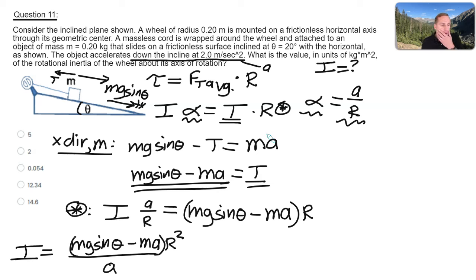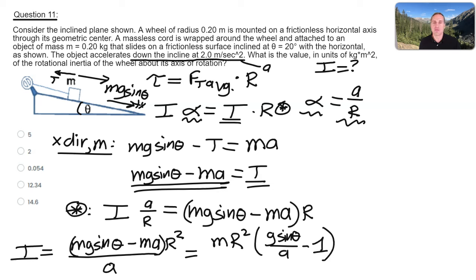Now notice also that the mass m is common to both of these, so we could clean this up a little bit by factoring out a mass m, and then I could even split this fraction up by going g sine theta over a, and then I factored out the m, but then a over a is just 1. This is just minus 1. So that's a little bit easier to plug into, if you will.